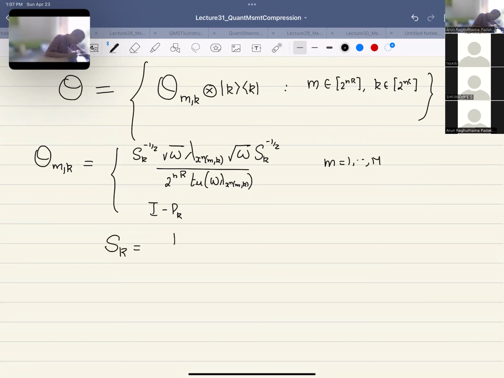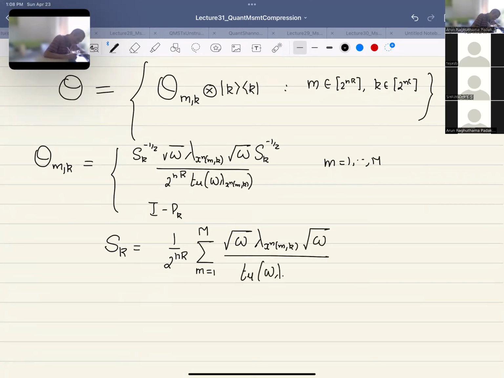I'll write down sk because that's important. 2 power nr summation, I'm going to sum over all the m's, m equal to 1 through capital M, root omega lambda xn of m comma k root omega divided by trace omega lambda xn of m comma k. I'm just doing normalization. That's all. That's my sk.